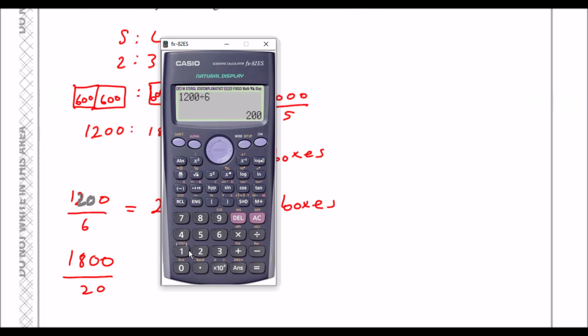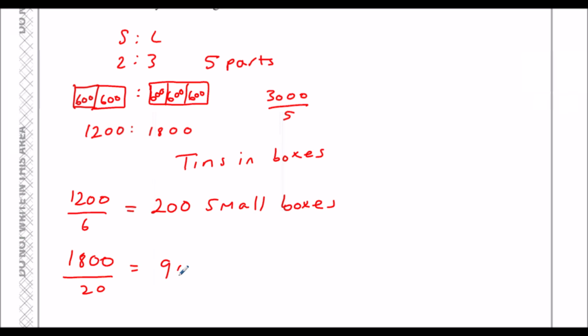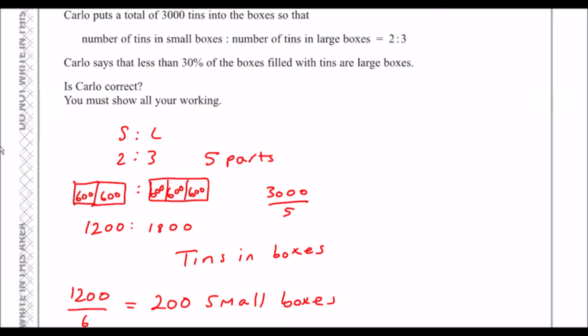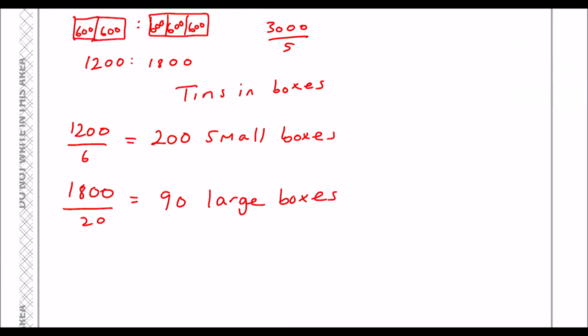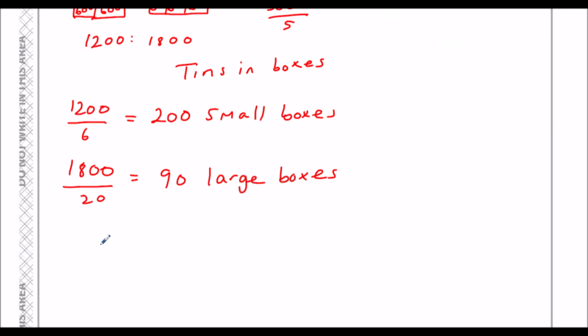So 1,800 divided by 20, that's 90. So 90 large boxes. So Carlo says less than 30% of the boxes are large. So we've got 90 large boxes, 290 boxes in total.